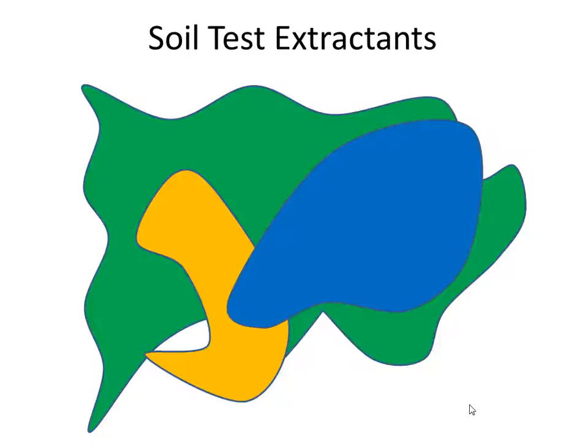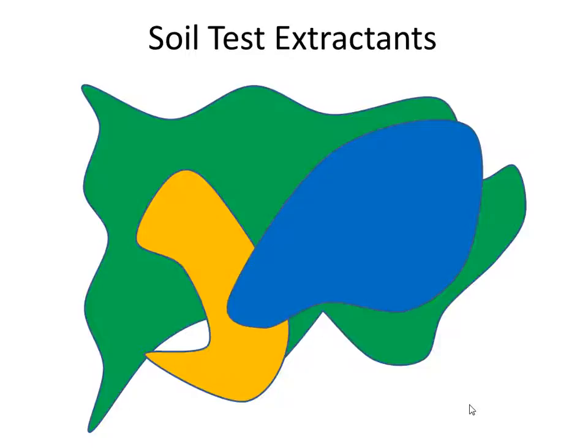Of that total amount, a very, very small fraction, which I'm going to say is this green part, is what's plant available. And I made that purposely irregular because I don't want anybody to try and put any kind of numbers on it, because we have no way of knowing what the amount of plant available nutrient is going to be over the course of the year.